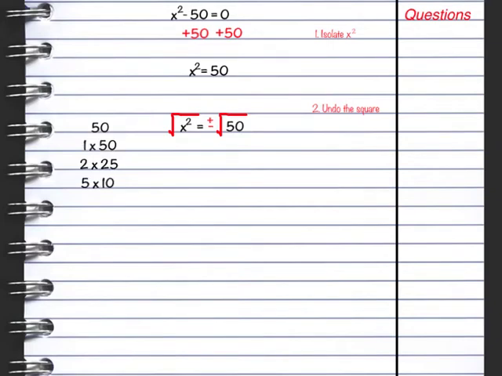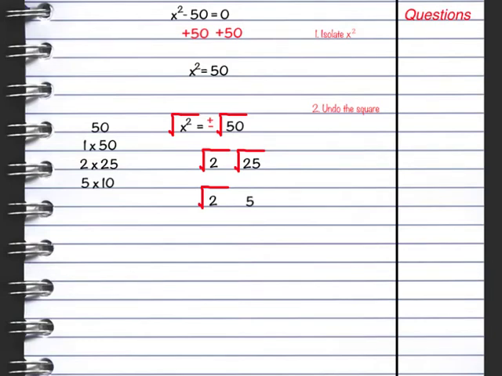So this is where I want to come up with all the factors of 50, and I want to pick the set of factors that have a perfect square in it, 2 and 25. And so I'm going to break the square root of 50 down into the square root of 2 times the square root of 25. And the reason I do this is, although I can't do anything with the square root of 2, that's an irrational number, I can simplify the square root of 25, which is 5.